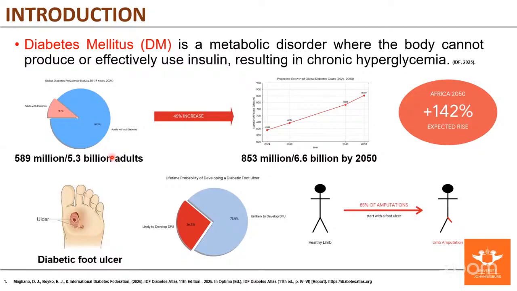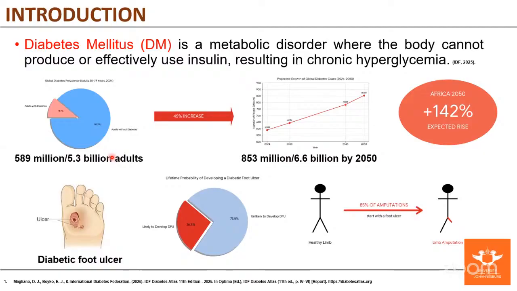One of the complications of diabetes is diabetic foot ulcers, which are ulcerations that form normally in the lower extremities of people with diabetes due to the damage caused by a chronic state of high blood sugar. Now, in diabetics, there is a 19 to 34% chance that they will develop diabetic foot ulcers in their lifetime.